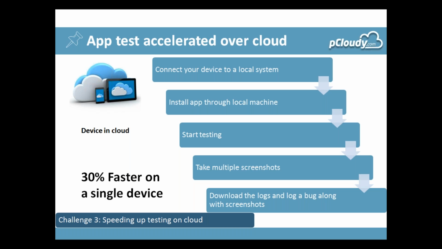So testing on a pCloudy cloud device is 30% faster than testing on a device in hand. This definitely should put an end to the doubt that testing on cloud is slower than testing on a physical device.